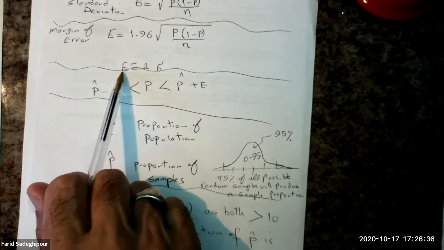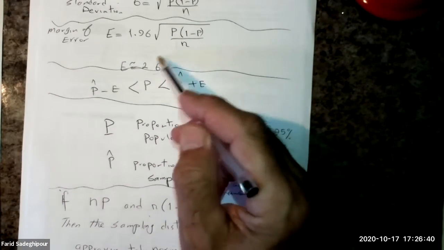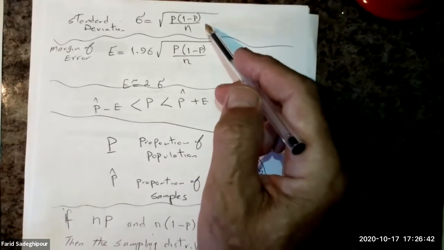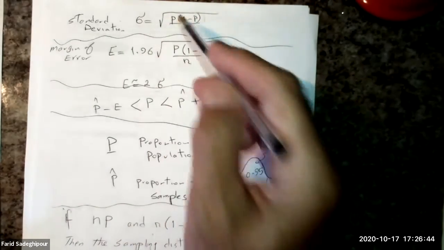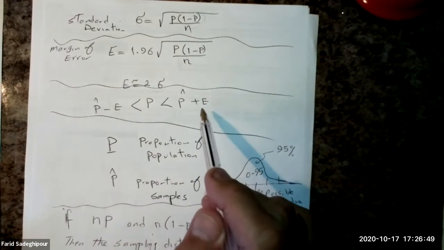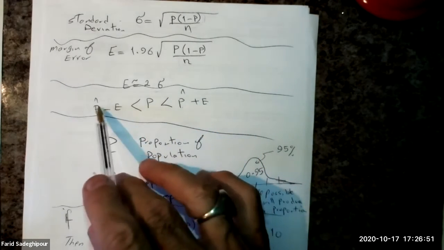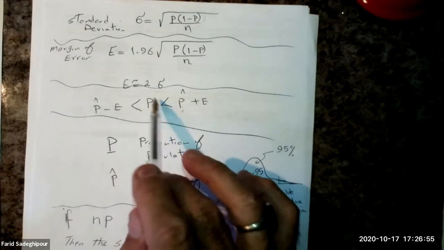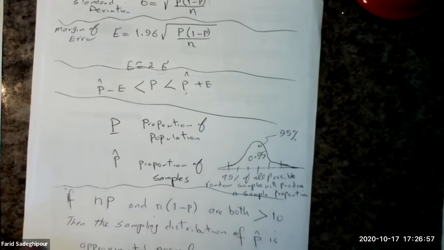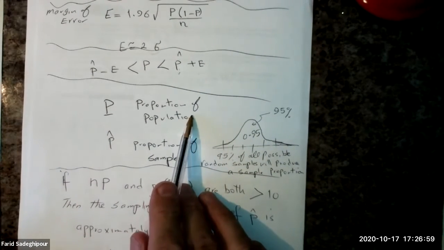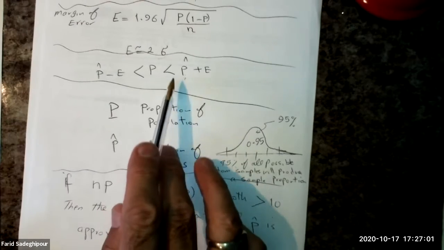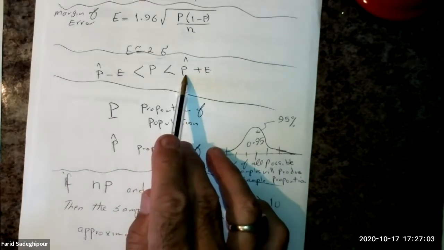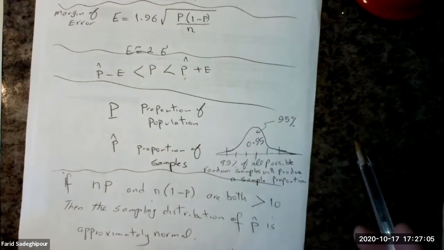To find the margin of error, you first find the standard deviation from this formula, multiply that by 2, and that gives you E. Then you add and subtract it from the sample proportion. That would be the range for the population proportion. So the population proportion, capital P, is always between the sample proportion plus or minus E.